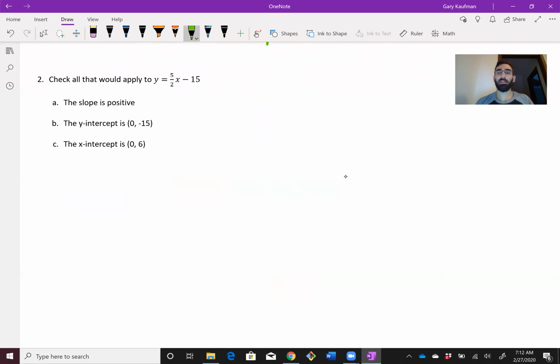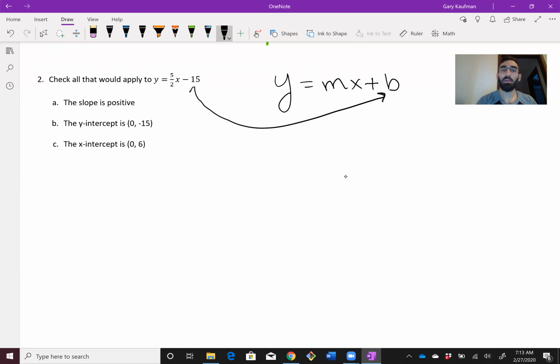Here is the last check, all that would apply. Now, we began to explore slope-intercept form yesterday. So we can see that this actually follows slope-intercept form. So we can tell that the y-intercept, which was the b value, is -15.